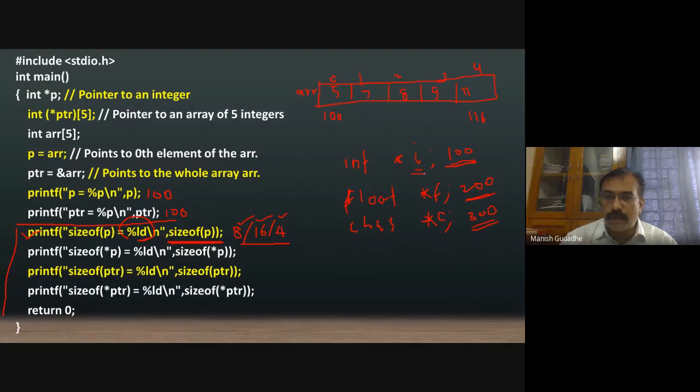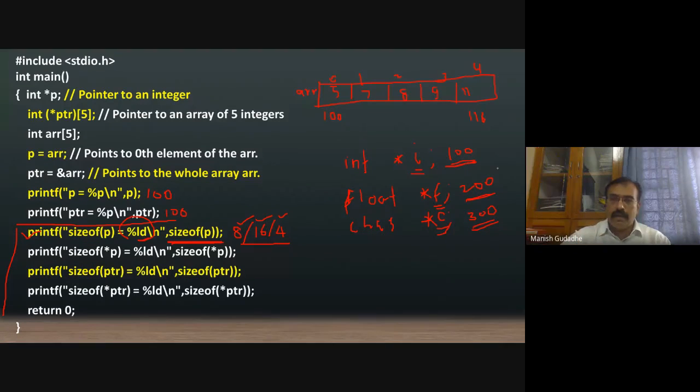Even though the pointer variables point to different types of variables, the data which they store is nothing but addresses, and addresses will be of the same type. That is why the size of a pointer variable will always be the size of the address which that machine is practicing.